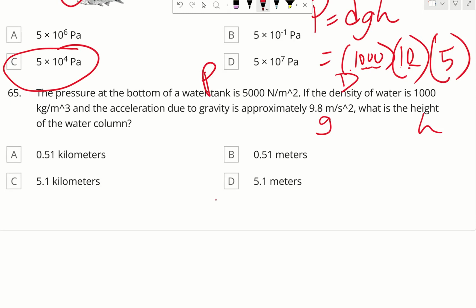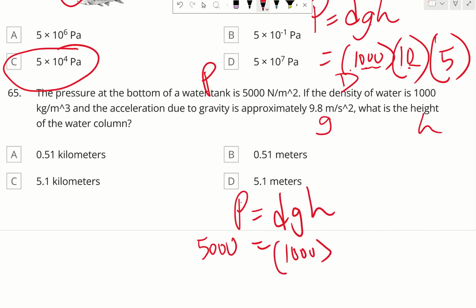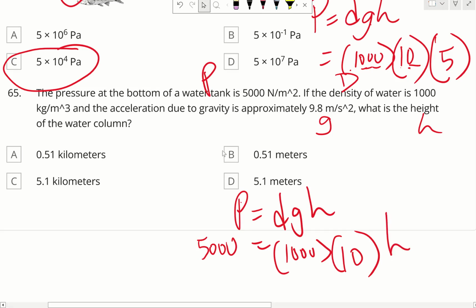So pressure equals rho g h. My P is 5,000. My density is 1,000. My gravity, we'll just say 10, to get an approximate answer. My h, we don't know.